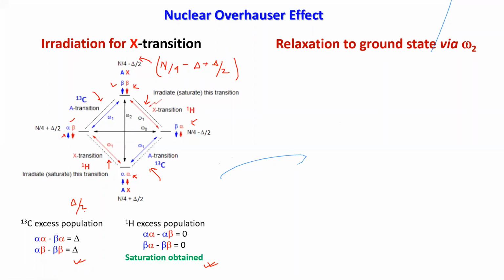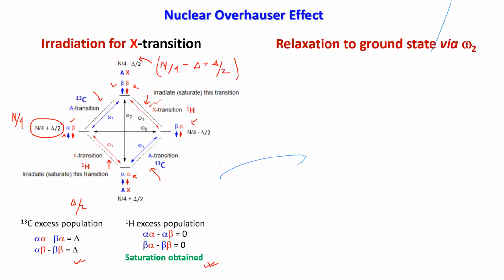Because you have increased the number of population here, before it was n by 4, your excited state population was n by 4. Now you have excess population here at the excited state after saturation. So the system will try to adjust itself to attain a new equilibrium by a relaxation process.